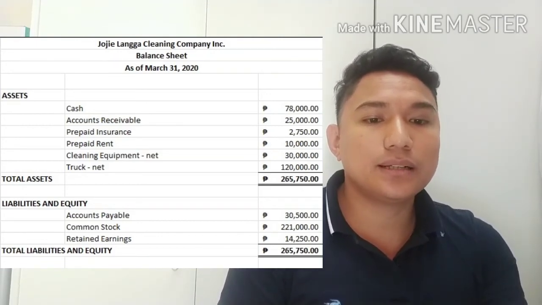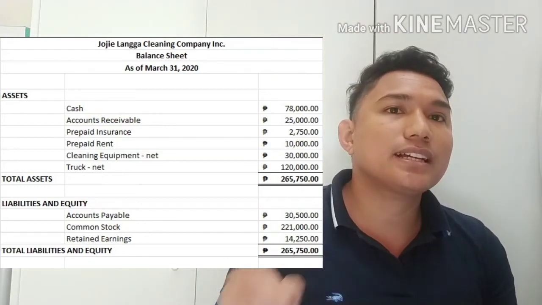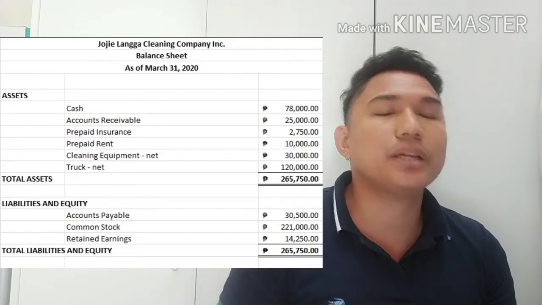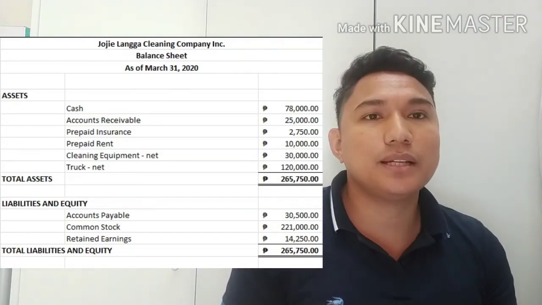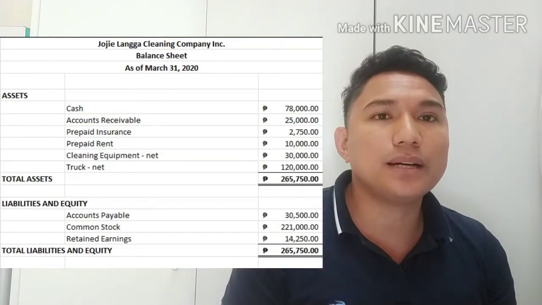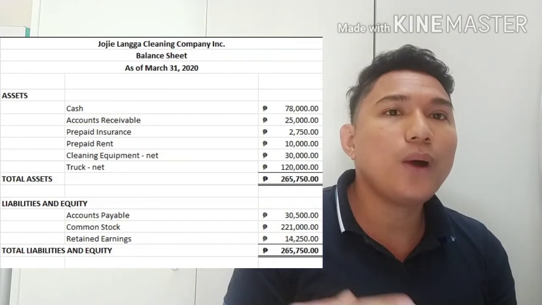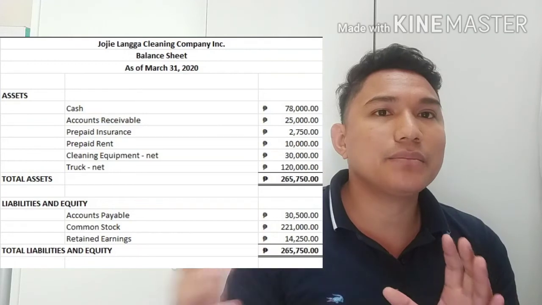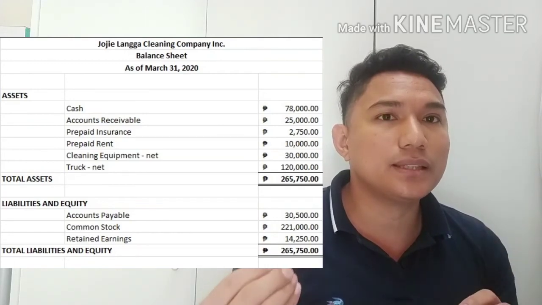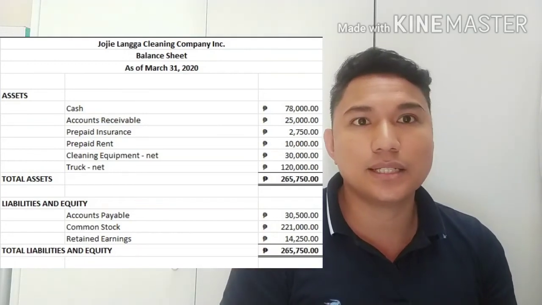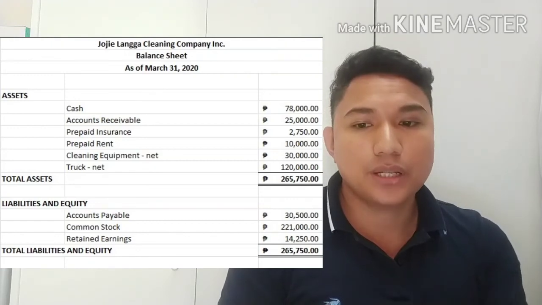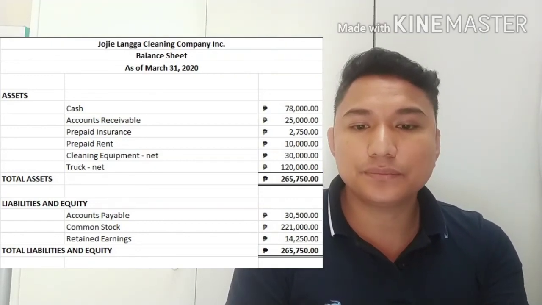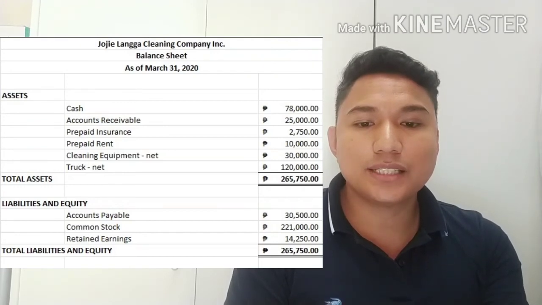Unlike the income statement, which is a report of a particular period, like a period of 1 month or 1 year, the balance sheet is accumulated from the very beginning, from the time the company started its operation. In assets, we have a total asset of 265,000.